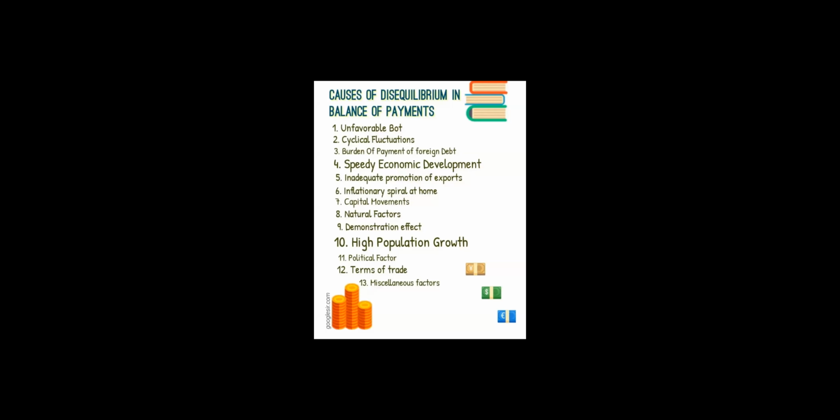Next is the high population growth. Now, what is this high population growth? A huge population and its high rate of growth in the poor countries adversely affect the balance of payment position, because it may become a cause of disequilibrium in the balance of payment, as it is easy to see that with the increase in population, there is also an increase in the need for imports, and also a decrease in the capacity to export.